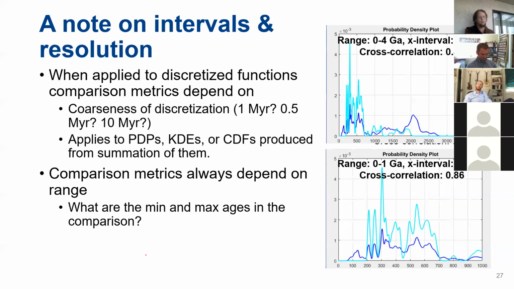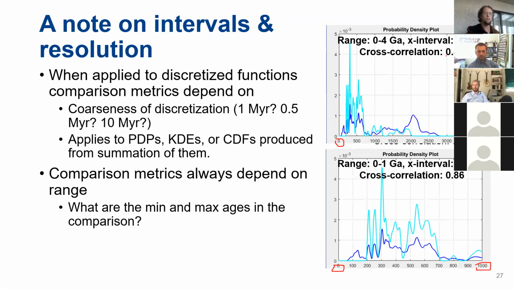The other thing that becomes an issue is that these depend on the age range that you're looking at. So again, we've got those same sample sets up at the top here and down here. Note that you're looking at very different age ranges, but the same X interval. So discretized at 1 million year intervals, but going either from 0 to 4,000 or 0 to 1,000 million years.